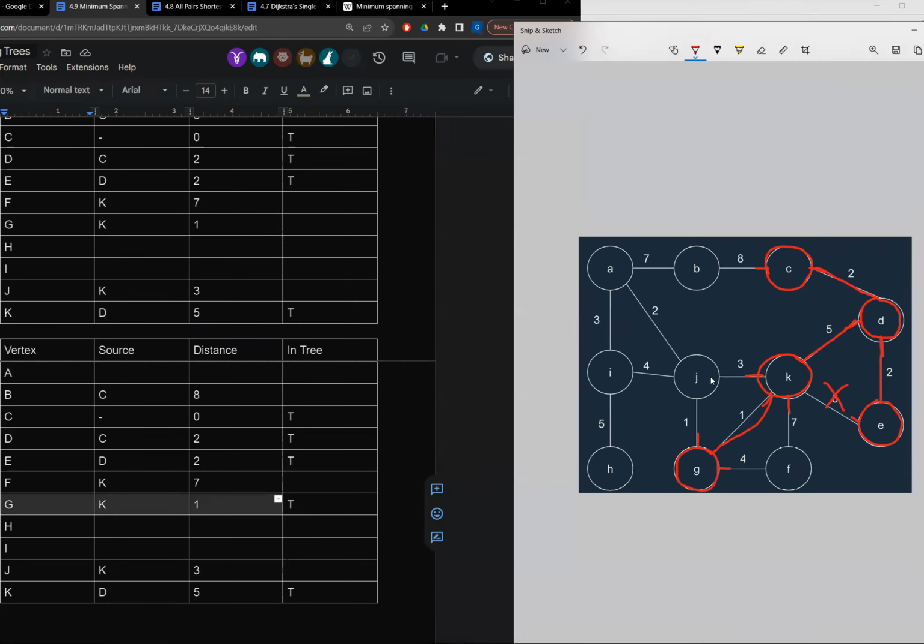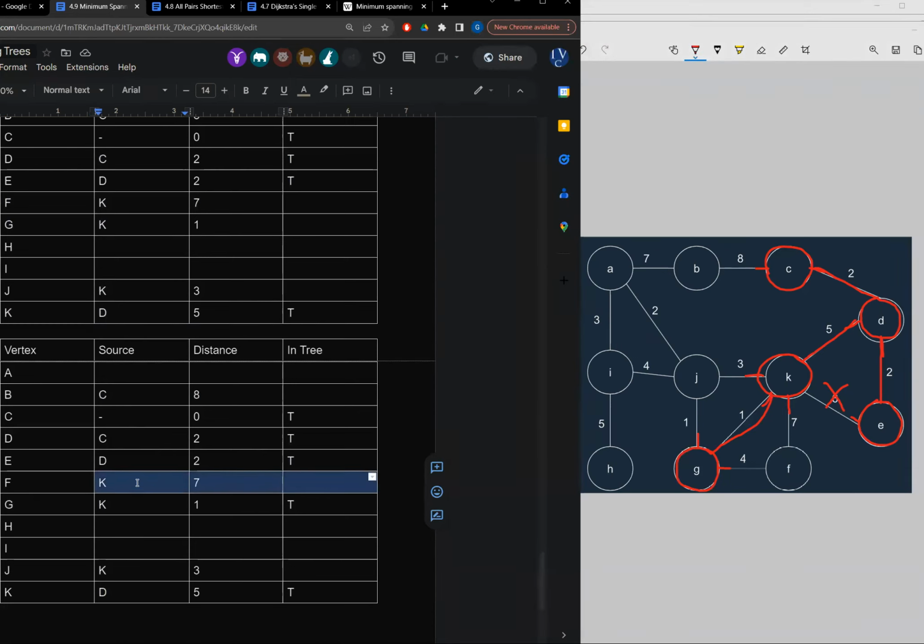Right? And we already had information on J and F in our table here. So let's look at F first, alphabetical order. Not that it matters for how we're processing the edges, but the edges would exist in alphabetical order in the underlying matrix or list. So F could be added to the tree for a cost of 7 from K, or we could throw that information away, discard it. Instead of getting to F from K for 7, we will get to F from G for 4.